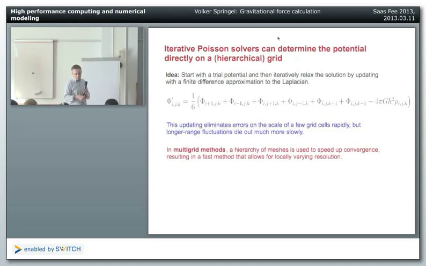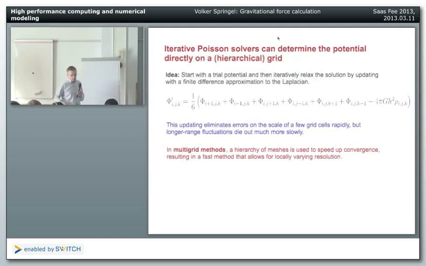You then iterate the solution on large scales, and you propagate this new solution backwards down to the finer meshes. This way, you overcome this bottleneck of a slow convergence of the large-scale error. And in the optimal case, these multi-grid techniques are also very fast and quite flexible, as we'll see.